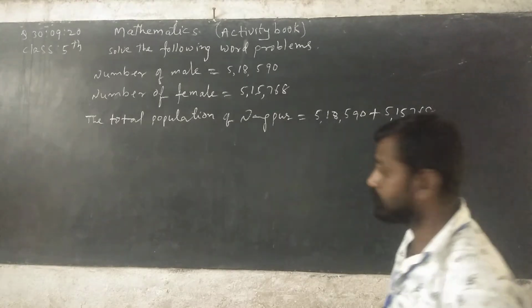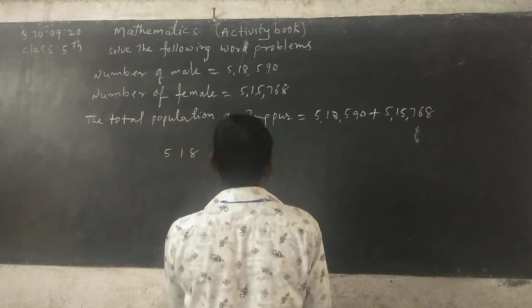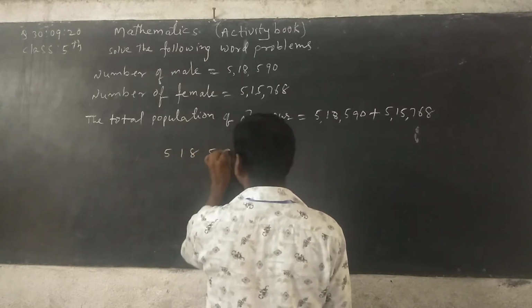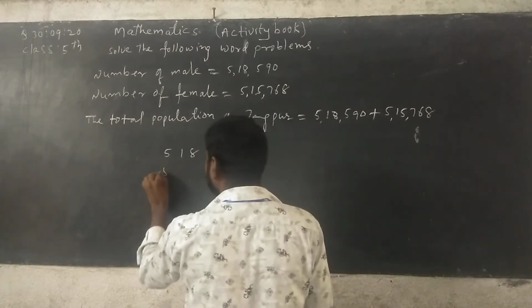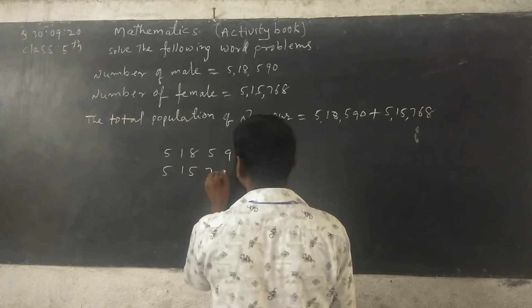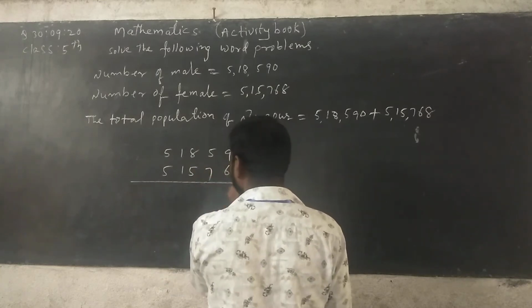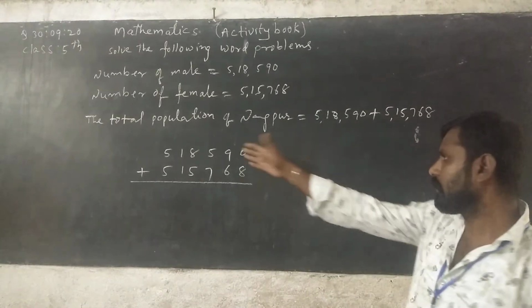Then you can add both. See here, 5,18,590. Next, 5,15,768. First we add the digits in the ones place. So write the given numbers column-wise.